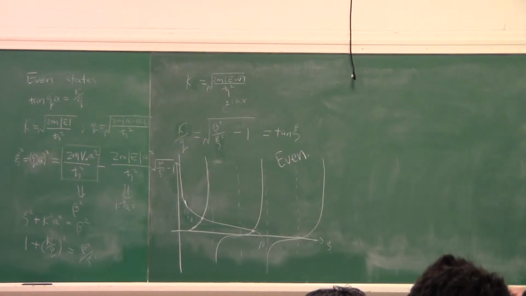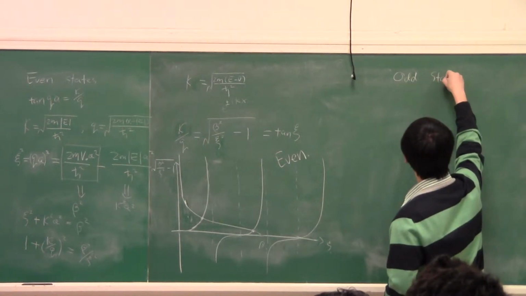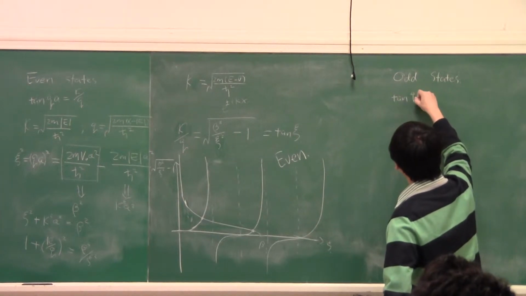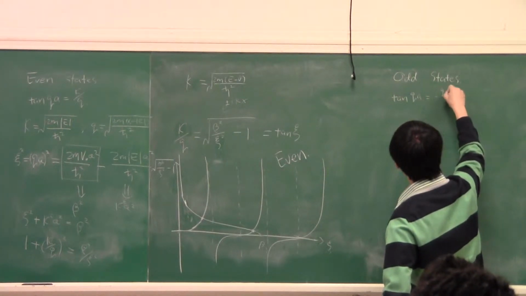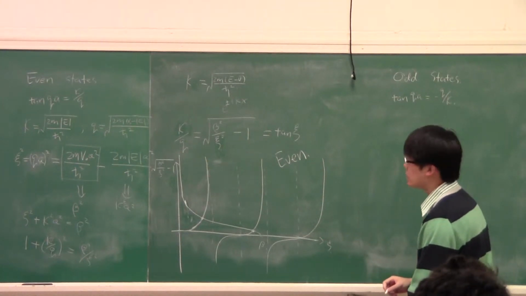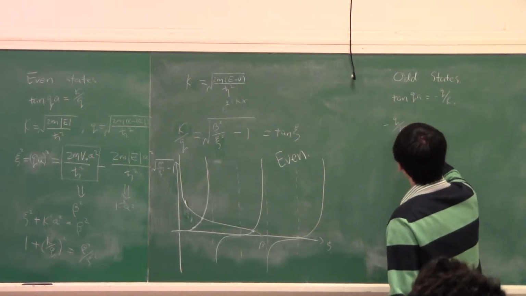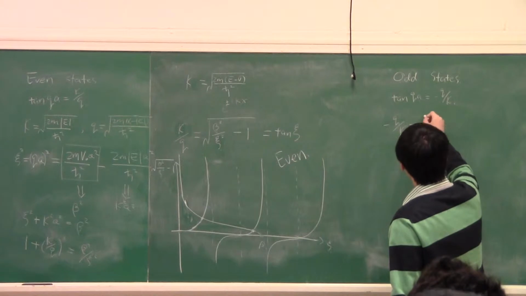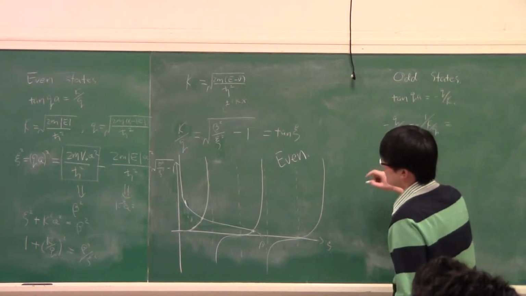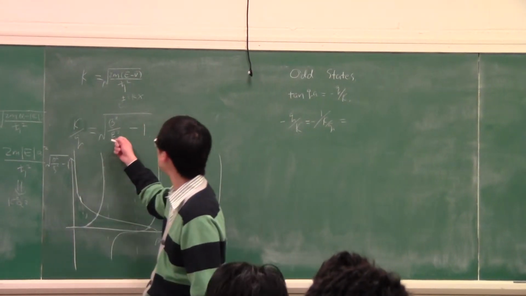Okay, so now the odd state. Same kind of substitution. So minus q over kappa is minus 1 over kappa over q. Right? So you just plug in this kappa over q here.